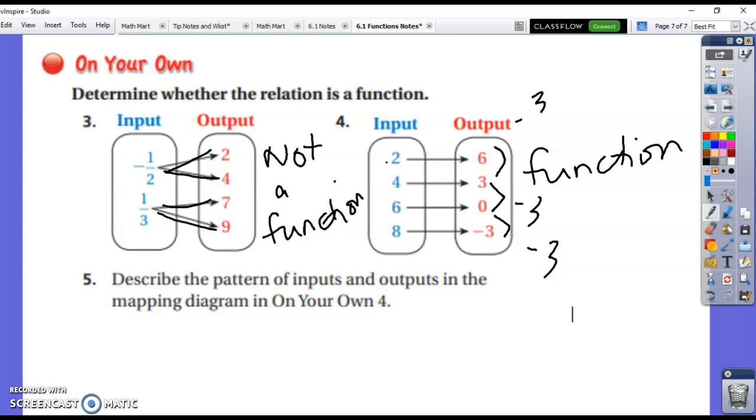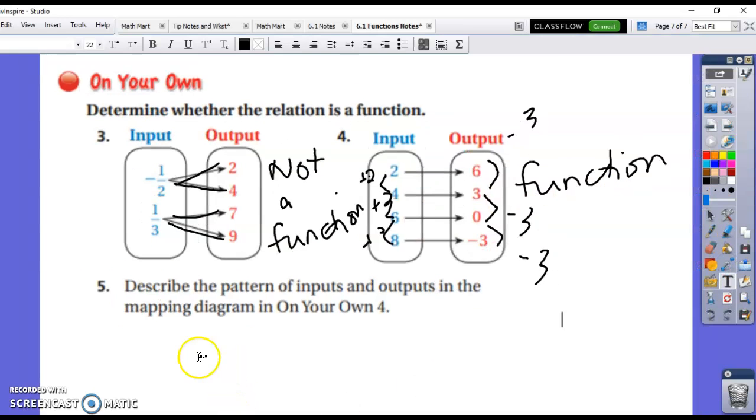And then if I look at my input, 2 to 4, that's going up by 2. 4 to 6, up by 2. 6 to 8, up by 2. So I can put, and I'm going to again type this so you can actually read it, as each input increases by 2, the output decreases by 3.